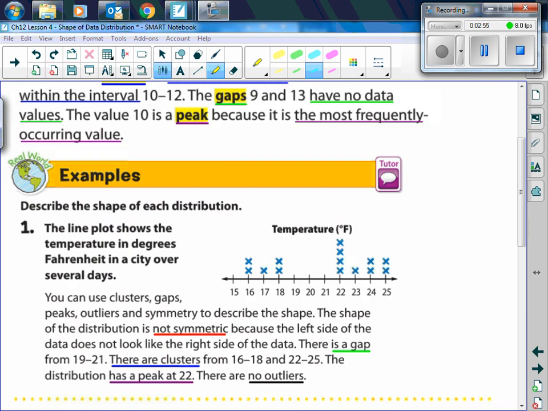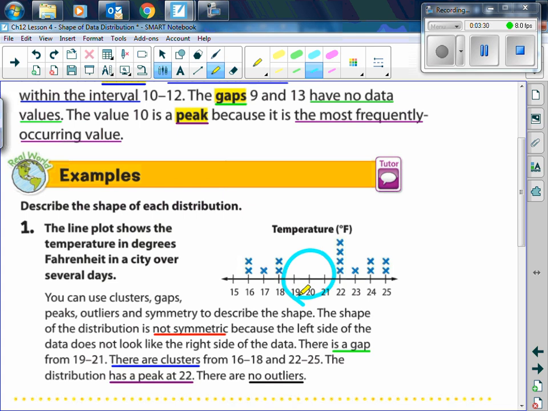So for example 1, it says the line plot shows the temperature in degrees Fahrenheit in a city over several days. Okay? We want to describe the shape of each distribution. Well, first, you can see that, is it the same on the left and the right? No, it's not the same on the left and the right, so there is no symmetry. So it is not symmetric. Okay? There is a gap. There is a gap between 19 and 21.